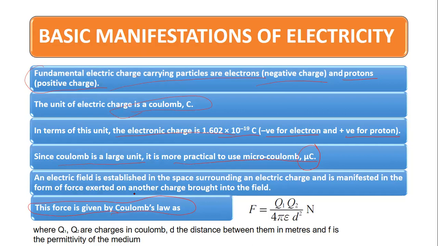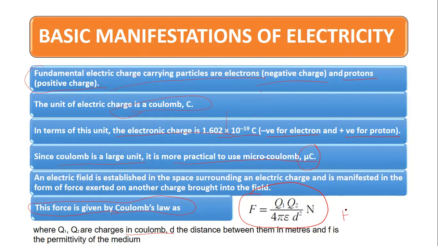The force between two charges Q1 and Q2 is given by this formula, wherein Q1 and Q2 are the charges in coulomb, and d is the distance between these two charges.